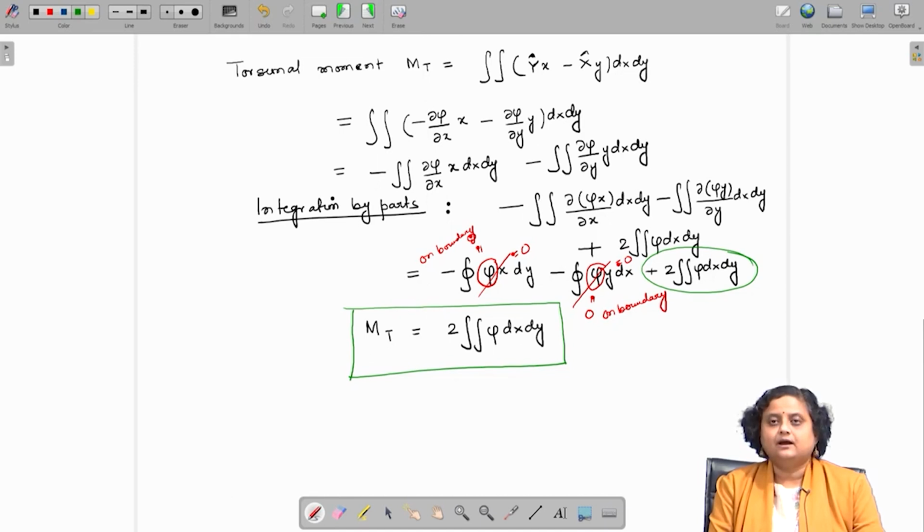We can also find the expression for the torsional moment if we know phi. In the next slide, I will be solving an example which will make this idea clearer.